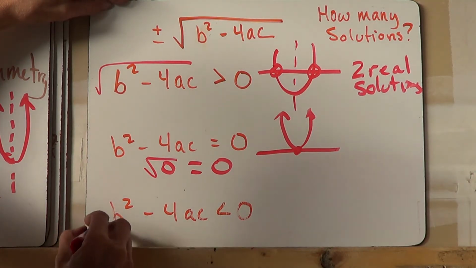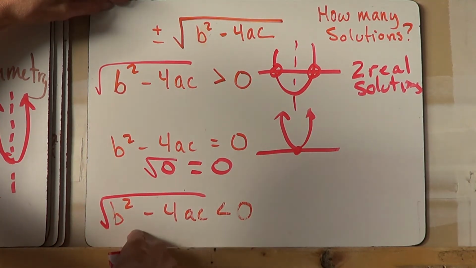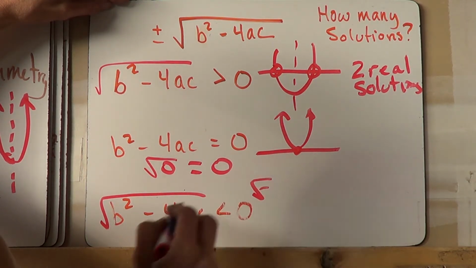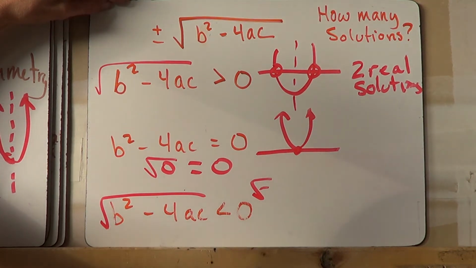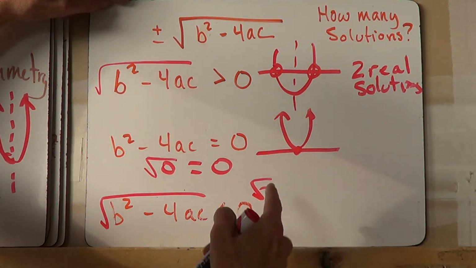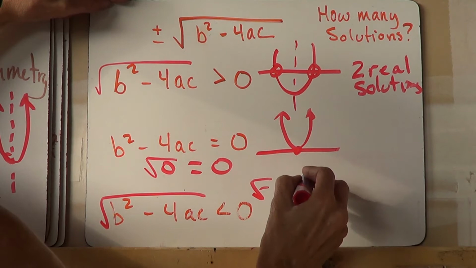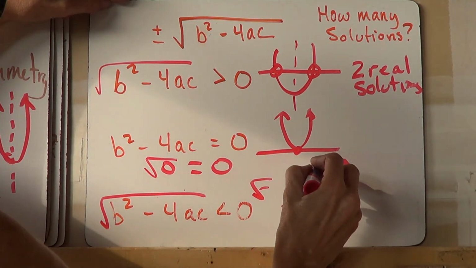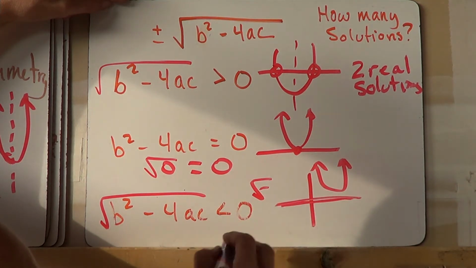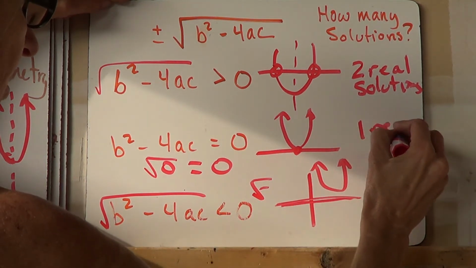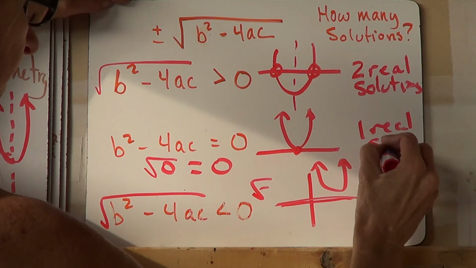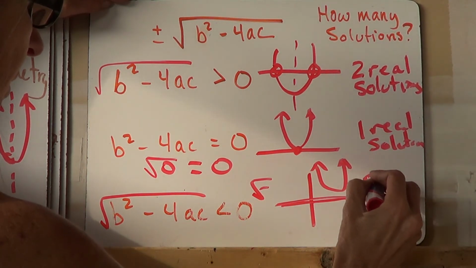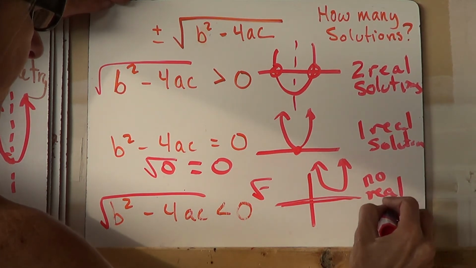If the b squared minus 4ac is less than 0, that means it's the square root of a negative number. We can't have a real number that represents the square root of a negative number. So that would mean on the graph, the parabola's up here and it's not crossing the x-axis. So this is one real solution. And this is no real solutions.